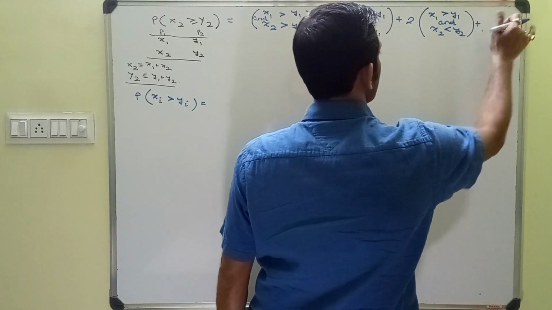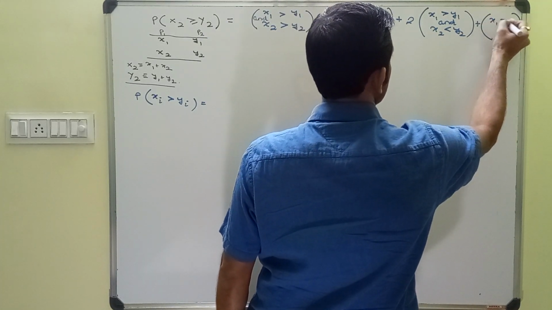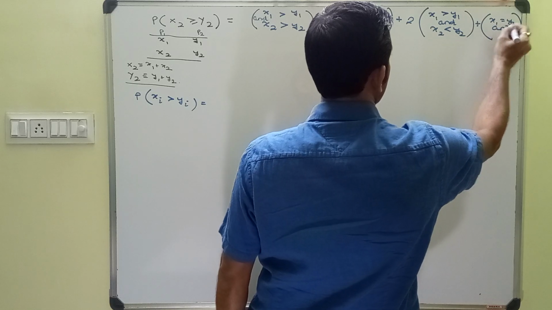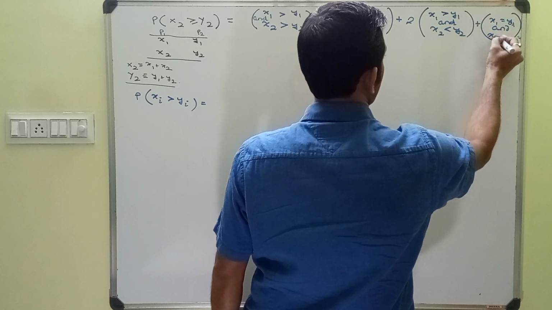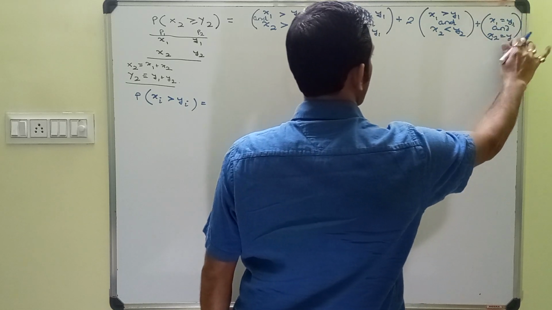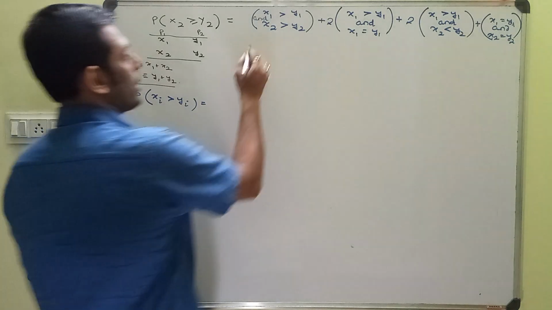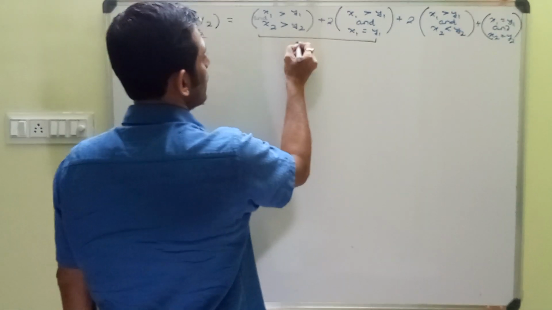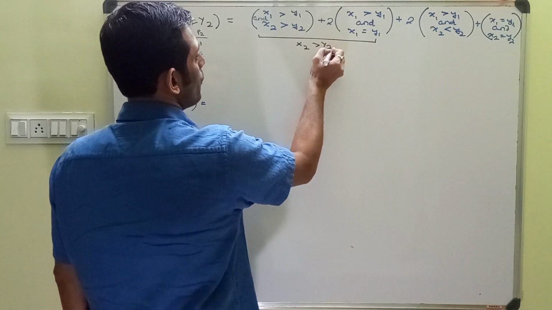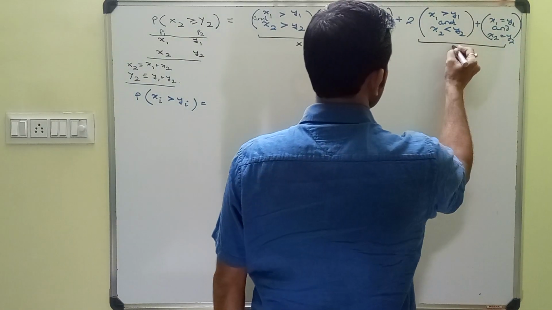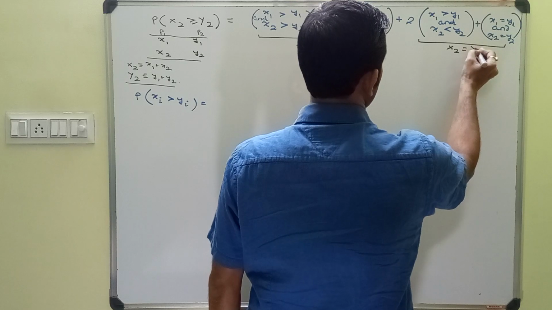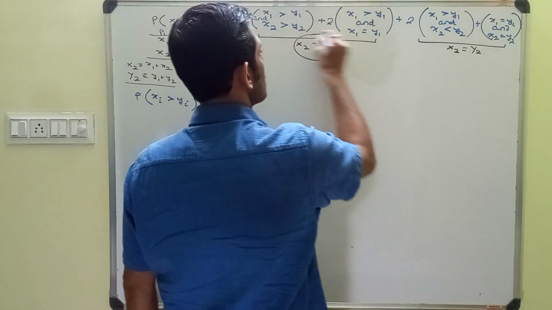Hence we can write it like X1 equal to Y1 and X2 equal to Y2. This is a possibility. So these are the 4 different cases. These are the cases where X2 is greater than Y2, and these are the cases where X2 is equal to Y2.